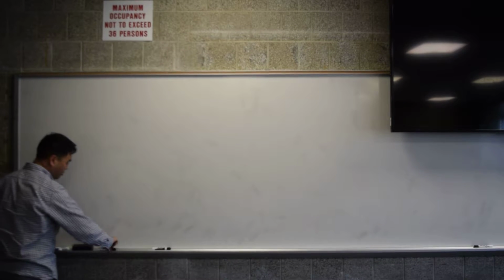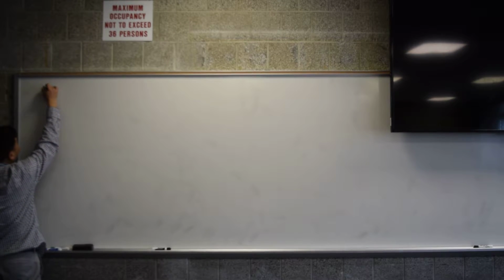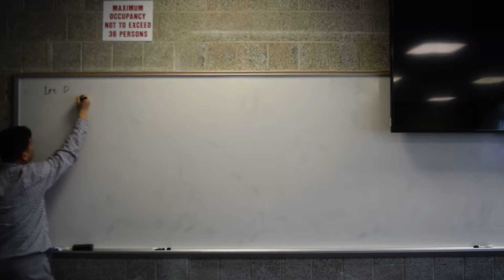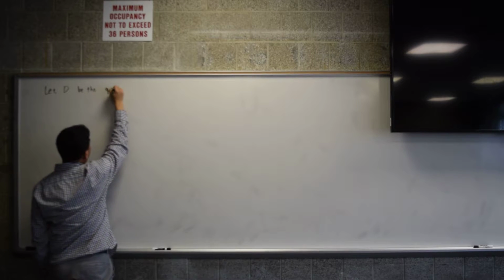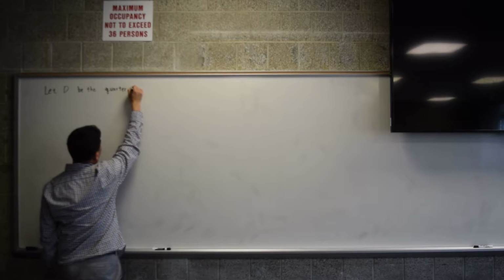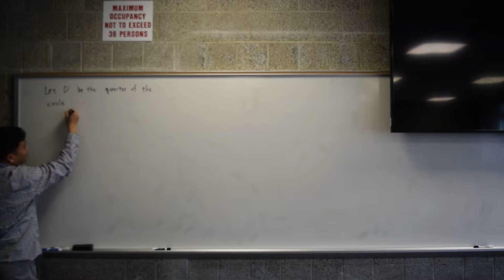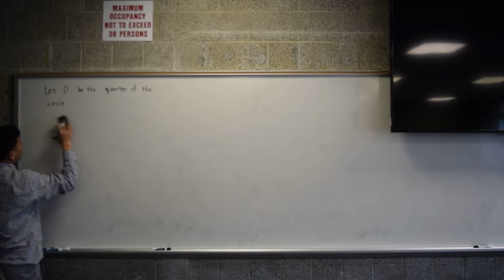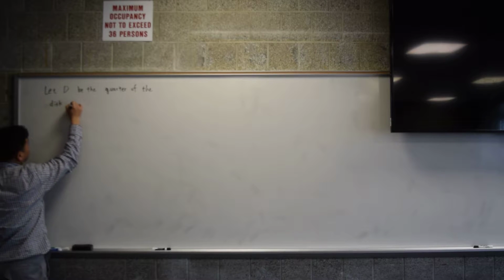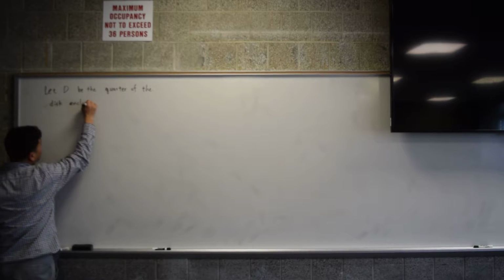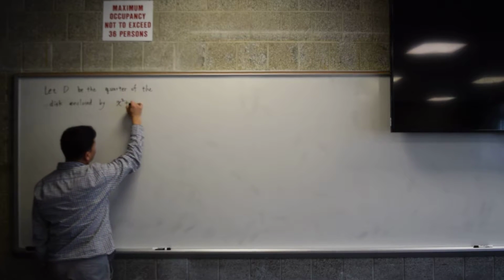Now let's think about integrals and volumes again. So think about the following question. Let D be the quarter of the circle, or part of the disk enclosed by x squared plus y squared equal to 9.